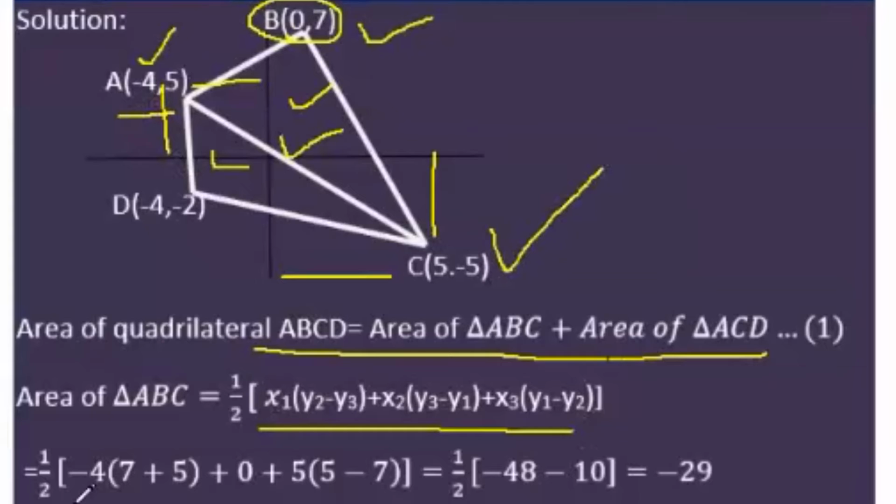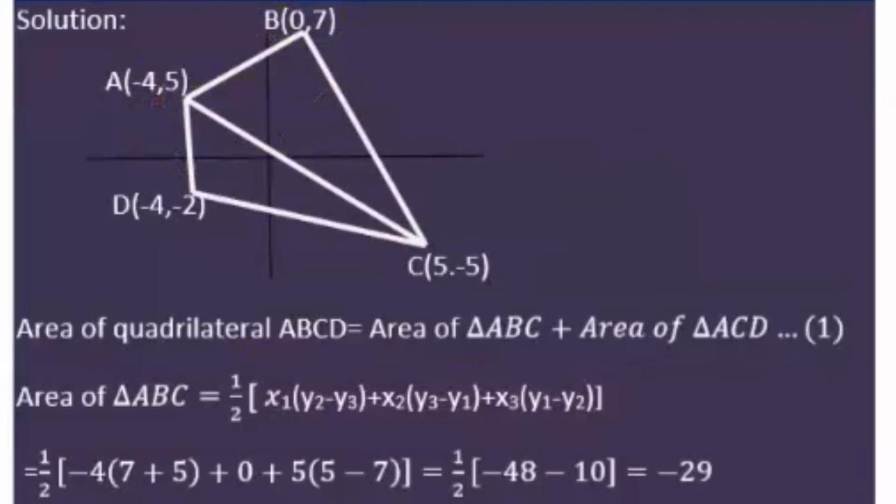Now y2 - y3 is 7 - (-5), that is 7 + 5. x2 you can see is 0, so 0 multiplied by the whole term becomes 0, and there is no need to substitute the values of y3 and y1.